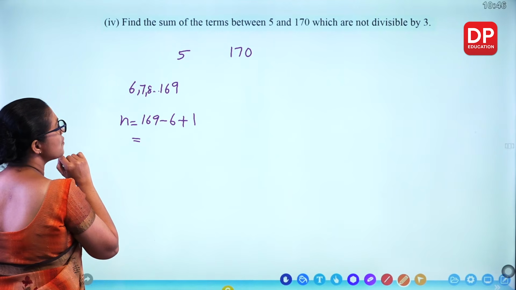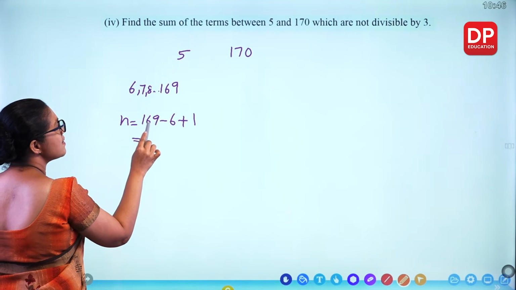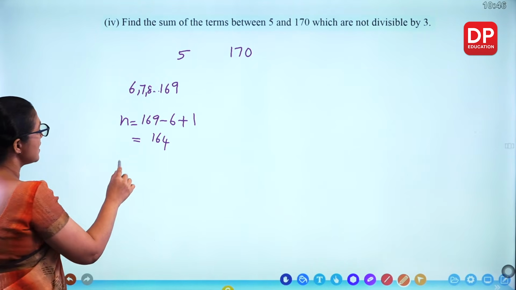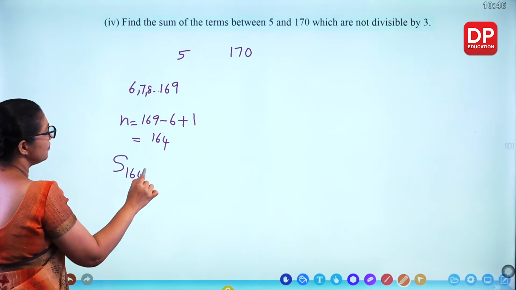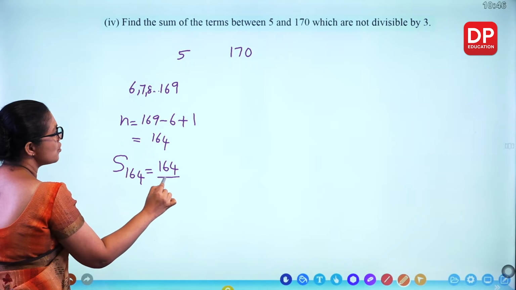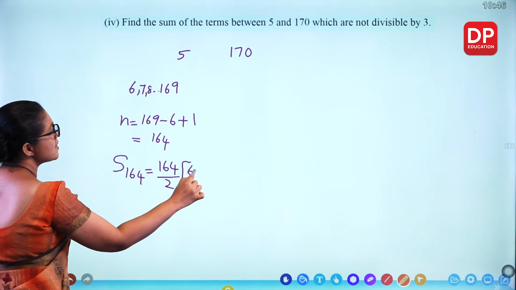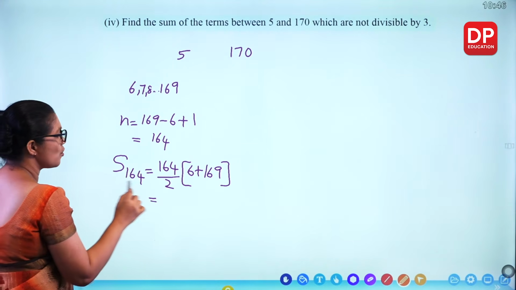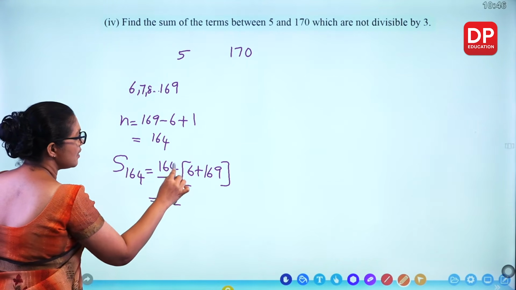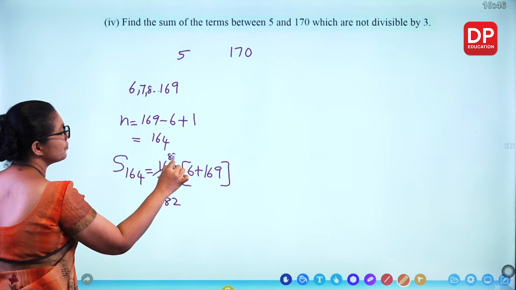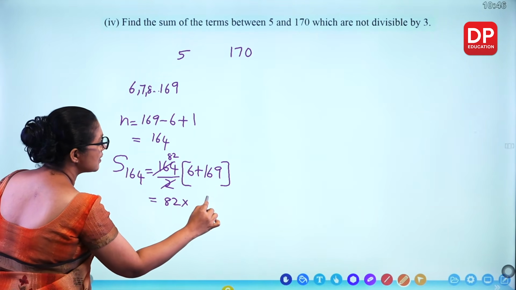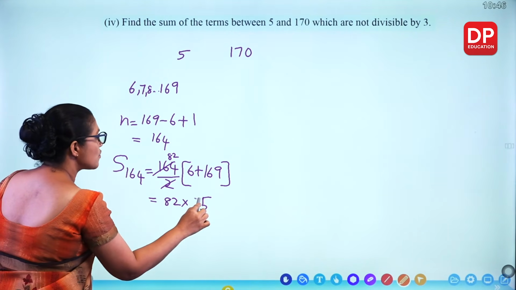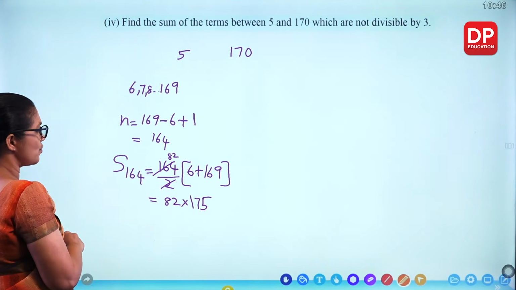So when you subtract 6, you get 163, so 164 terms are there. So what is S164? 164 over 2, first number is 6, last number is 169. That's the full total. 175 times 82.